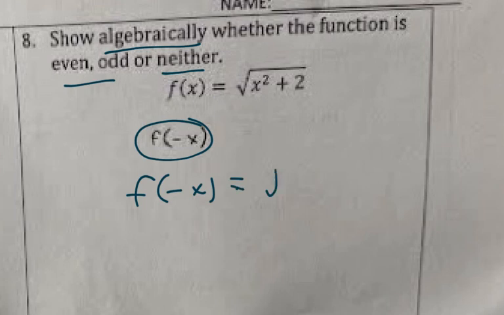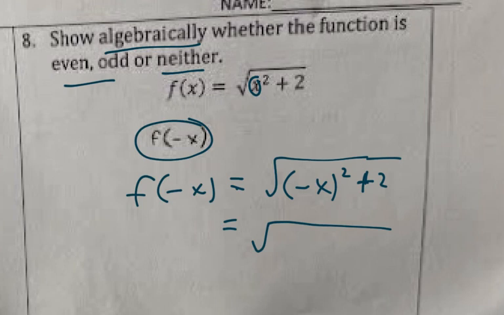I'm literally going to use a parentheses for this x and plug in negative x for that x. Now, notice what happens here. I have the square root and negative x squared, because even a negative squared will always become positive, right? So notice I'm back to my original function.